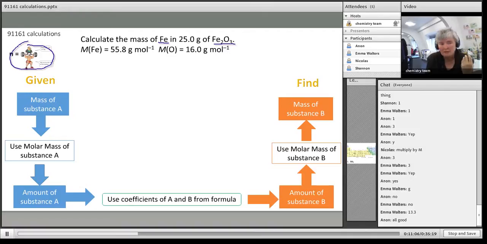So if you want to have the amount of iron, you've got to have the mass of iron and the molar mass of iron. If you want the amount of iron oxide, you've got to have the mass of iron oxide over the molar mass of iron oxide.